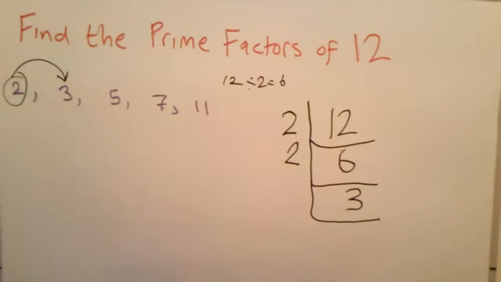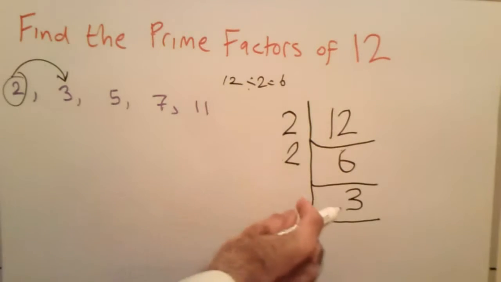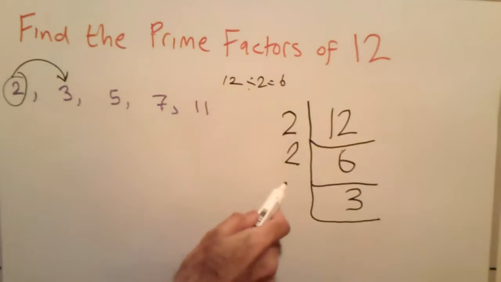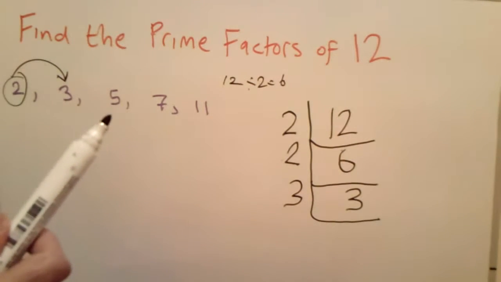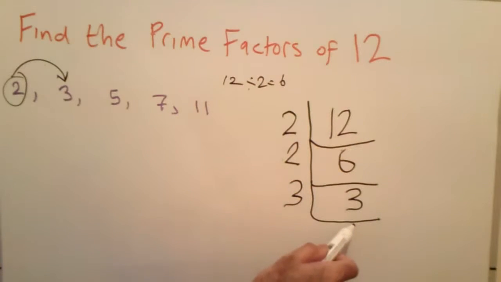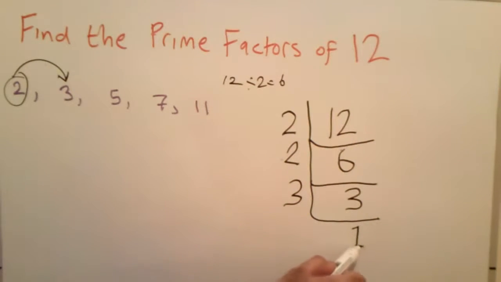So let's see, does 3 divide into 3 to give us a whole number? Yes, it does, and we get 1.